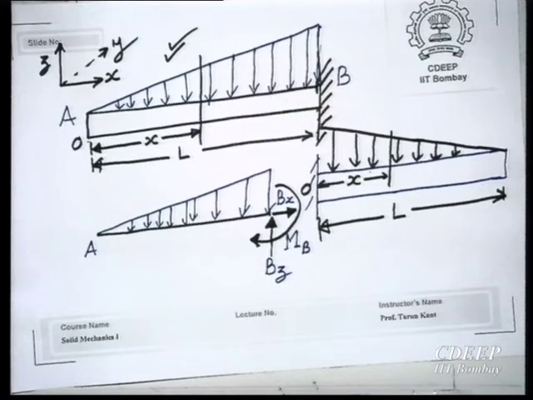So, the first part, in any problem, is to draw the free body diagram of the entire body, and then consider equilibrium. How many unknowns are there? 3. So, it is statically determinate. We are considering only statically determinate problems.